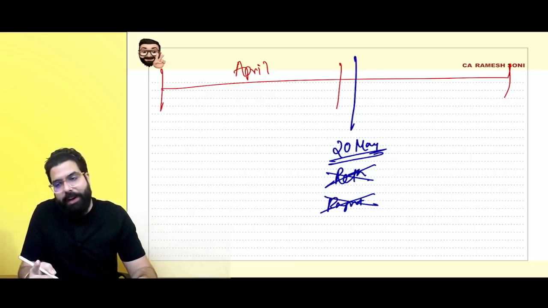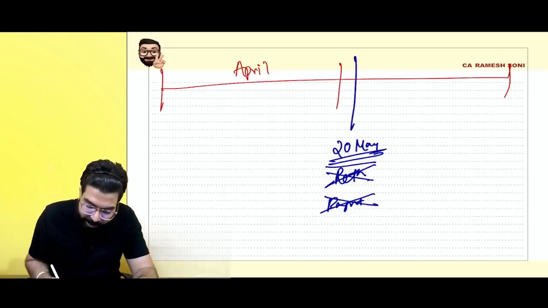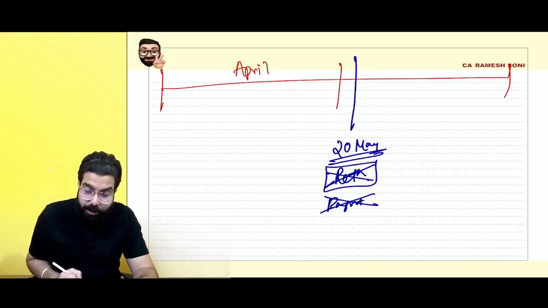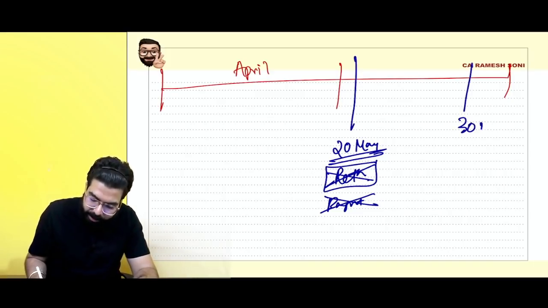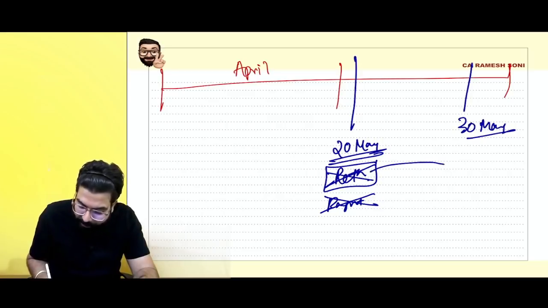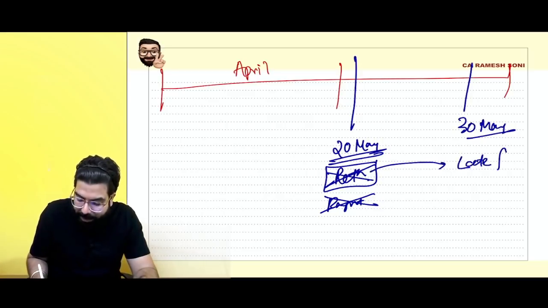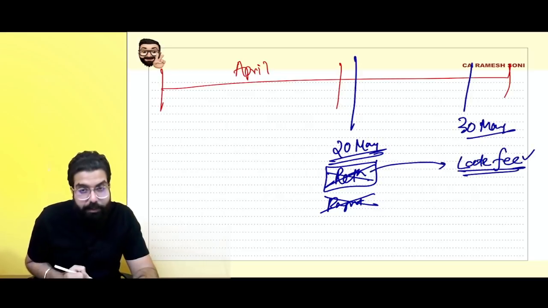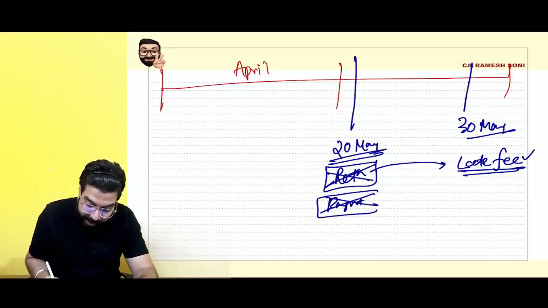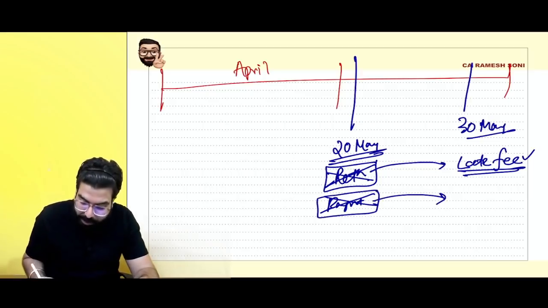When you don't file your return, for example, you filed your return on 30th May. Because of late filing of return, you have to pay late fee, which is discussed in your chapter of returns, and for the late payment of tax, you have to pay interest, which is discussed now.